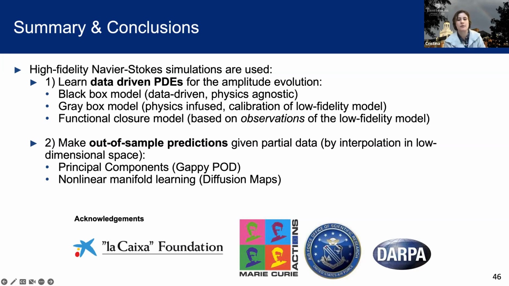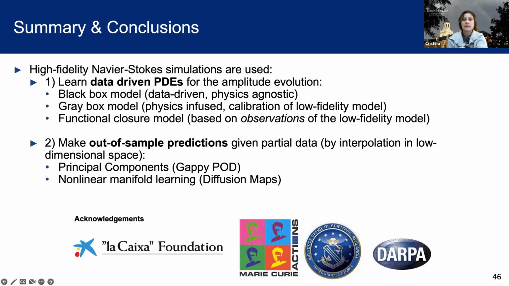A black box method that was purely data-driven and physics agnostic, and then 2 other methods that had some physics in them. The gray box is a calibration where we learn the additive correction of the coarse-grained low-fidelity Kuramoto-Sivashinsky equation model. And the functional closure model, which, inspired by the Takens embedding theorem, uses some observations of this coarse-scale inaccurate Kuramoto-Sivashinsky model.